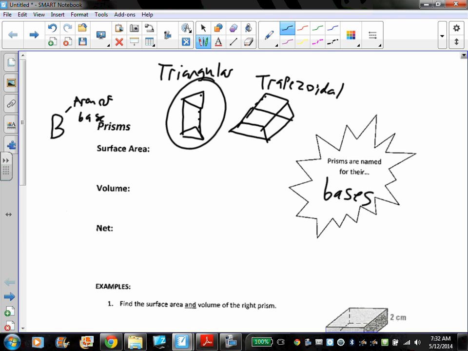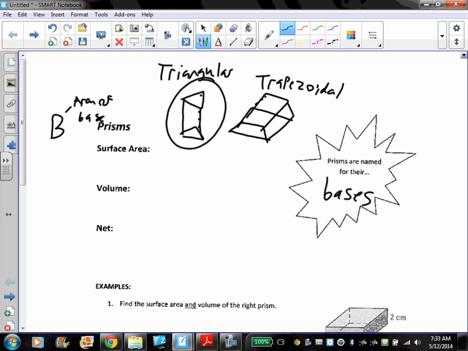Remember, area of the base means that we're not looking for just a side length. We're looking for that entire area. This is where your area formulas are going to come back into play. Also remember that if you ever see the big P, that means perimeter. We had that last chapter with our regular polygons.